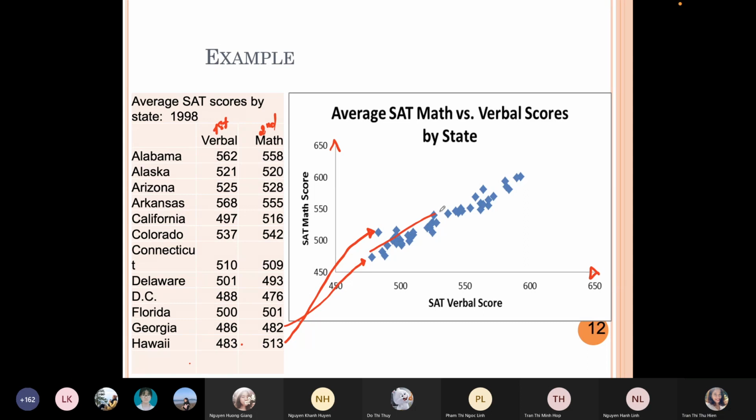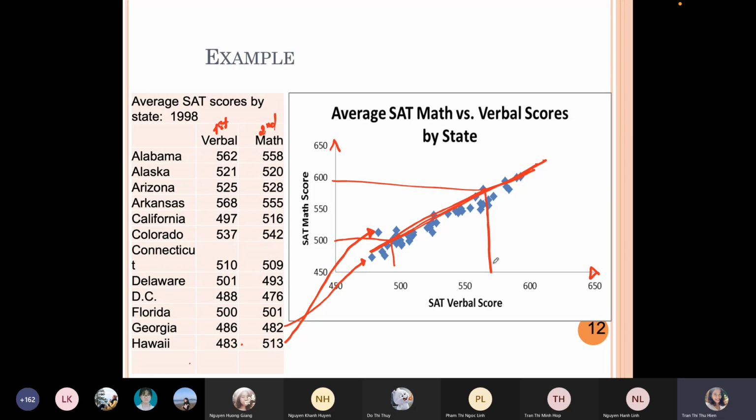When the math score increases, the verbal score increases too. Higher math scores are associated with higher verbal scores.